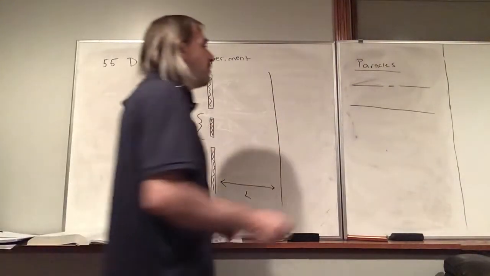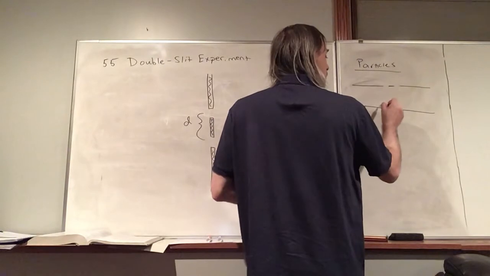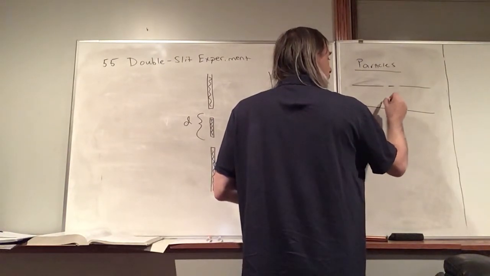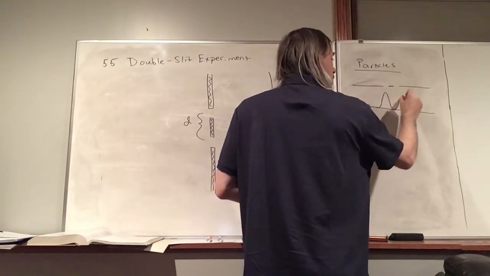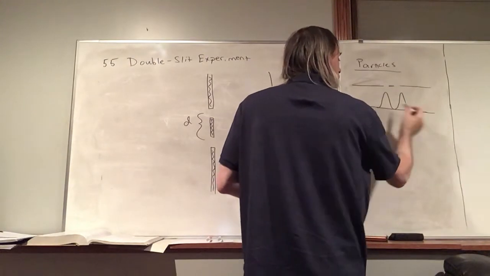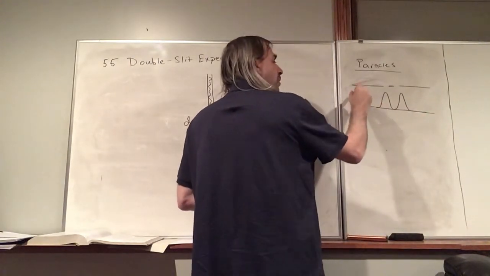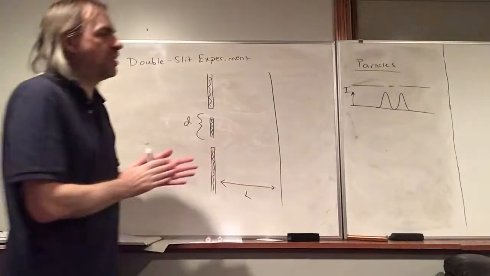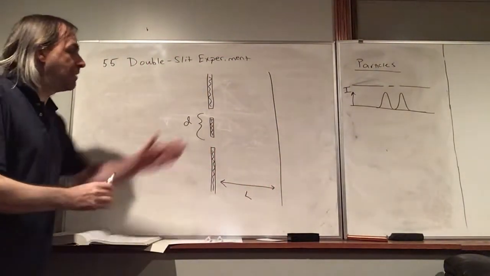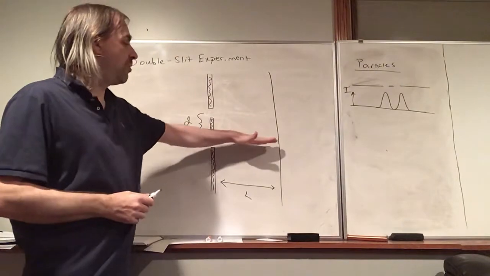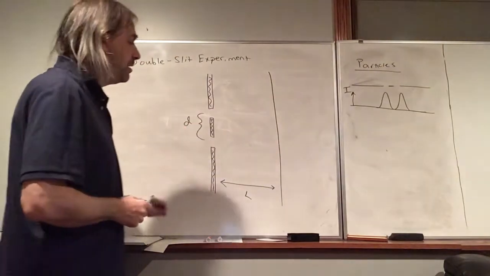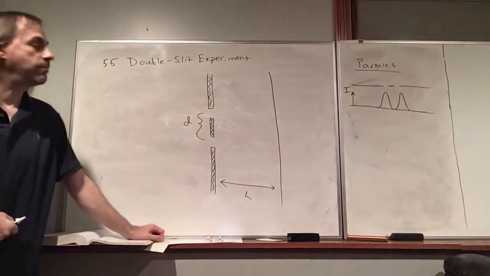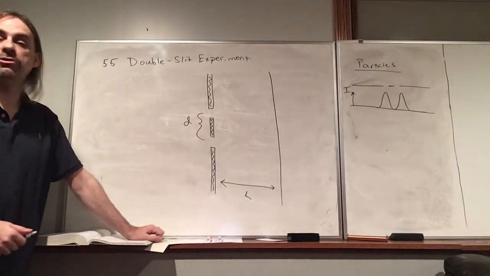So what you would expect from the particle picture would look something like this, where we're plotting the intensity of the light as a function of position. There's a lot of light behind this slit, a lot of light behind this slit, but really nothing anywhere else. So that's a particle picture.